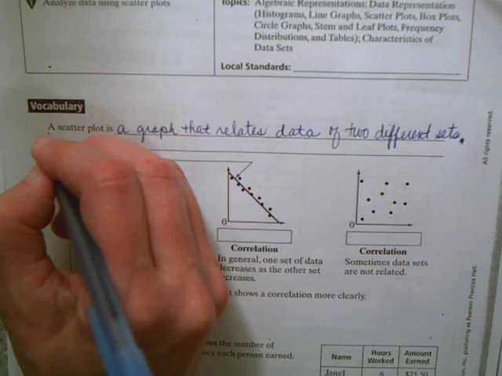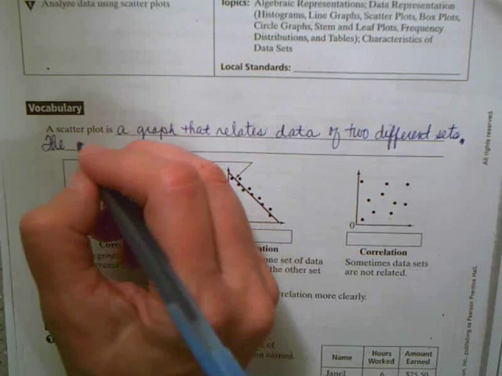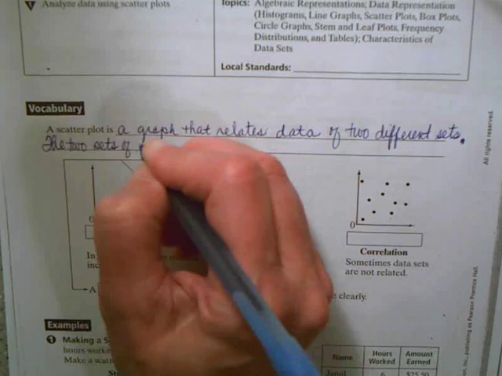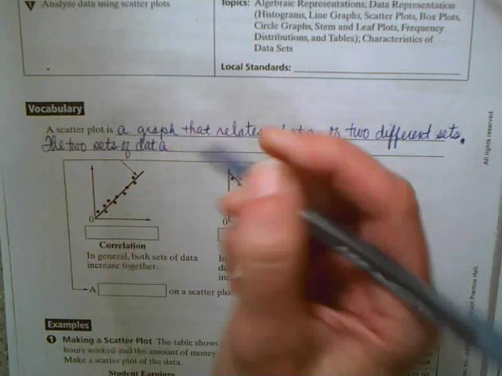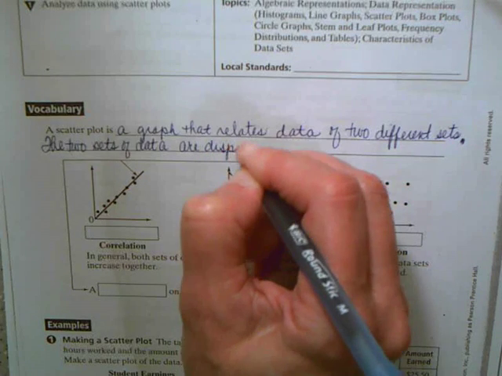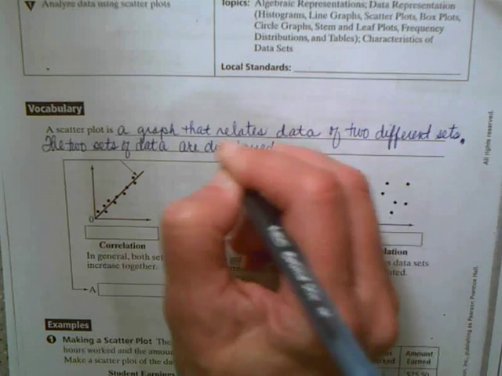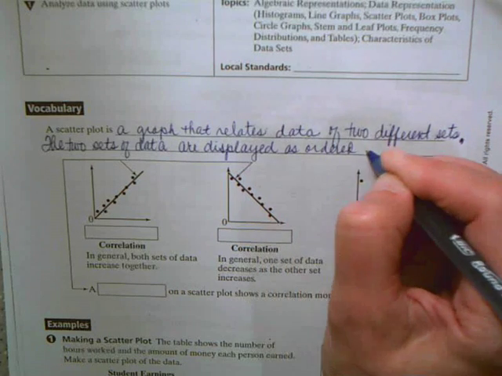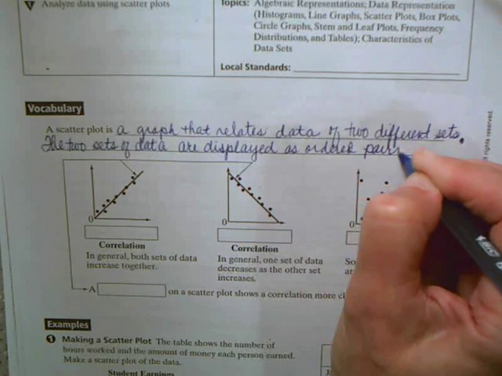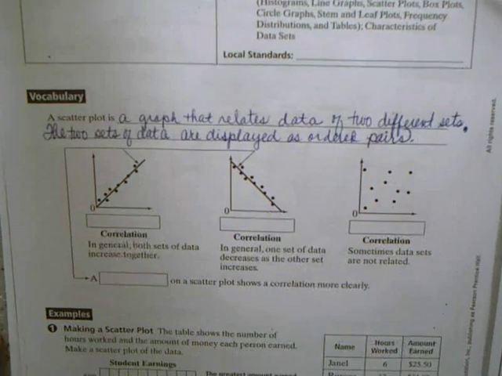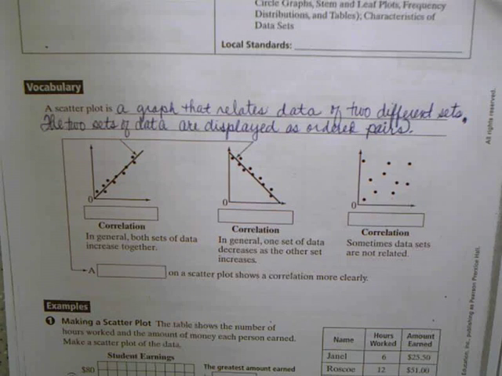The two sets of data are displayed as ordered pairs. Okay, so that's the first thing, what a scatter plot is.